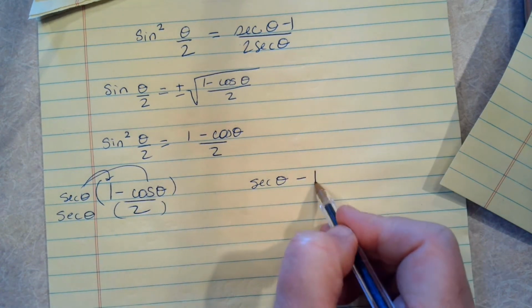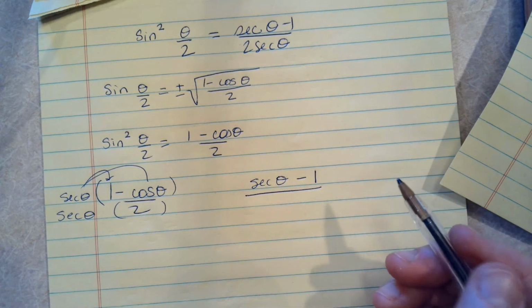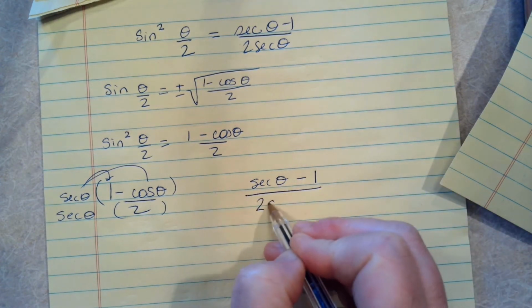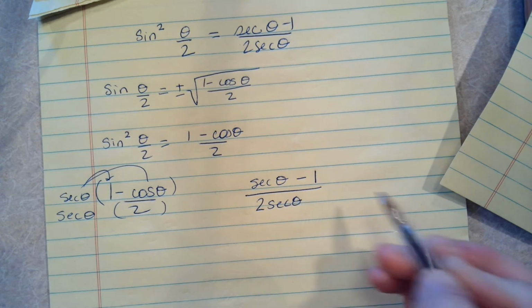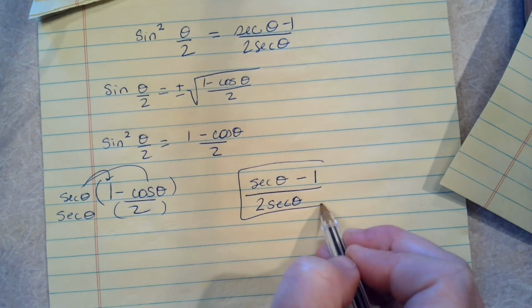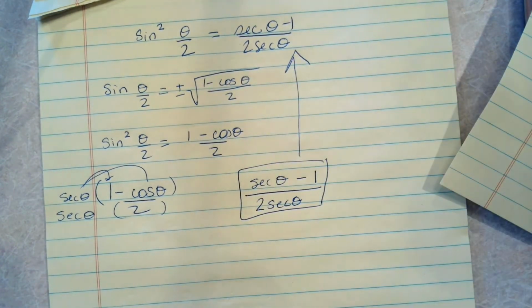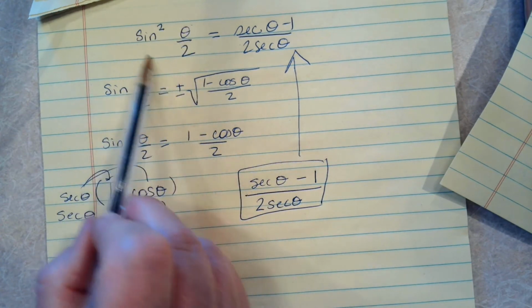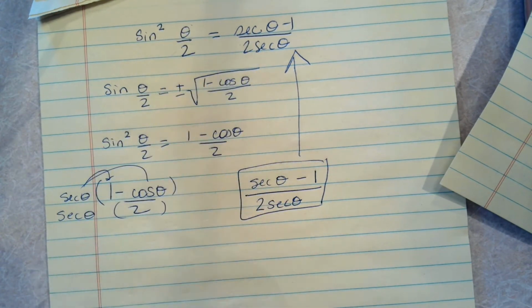They're reciprocals of each other, and they're going to make 1. In the bottom, you're going to have 2 times the secant of theta. Now, look what you have. You have successfully transferred from here to here by using these identities.